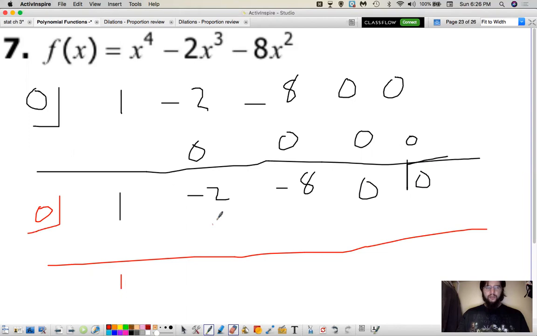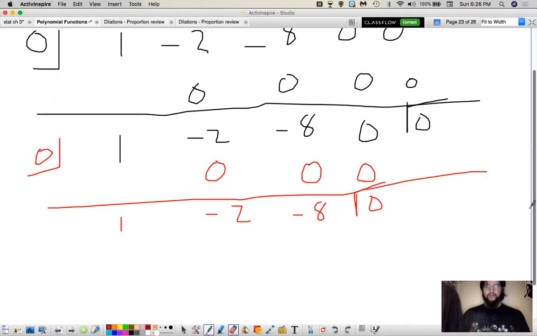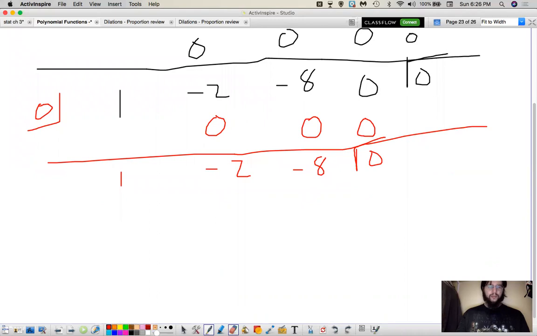Bring it down, multiply, combine, multiply, combine, multiply. That's my remainder. Now, if I tried using 0 again, it's not going to work. Watch. Do I have a multiplicity of 3?